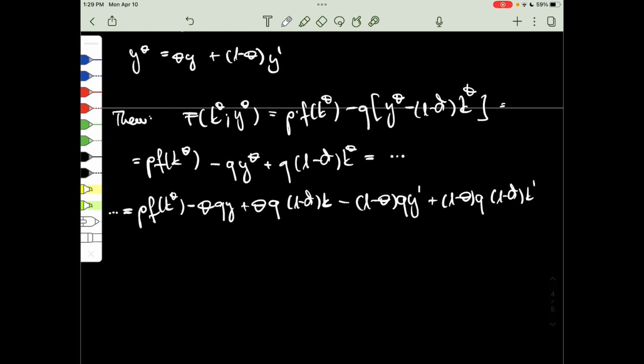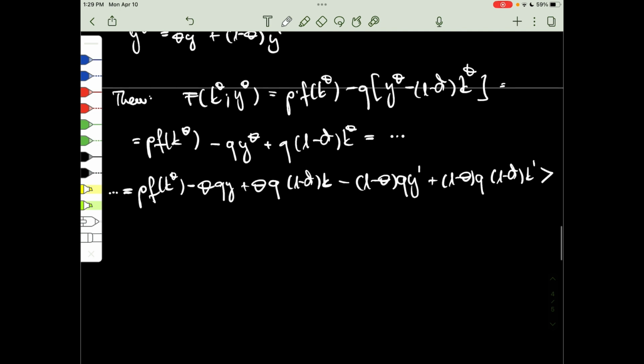And now we use the strict concavity of small f.